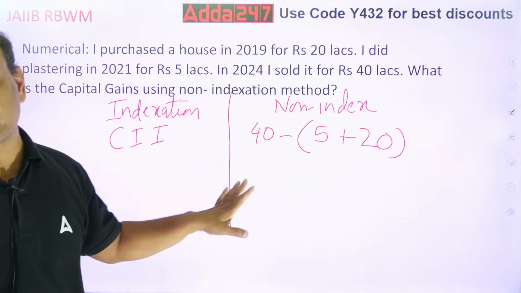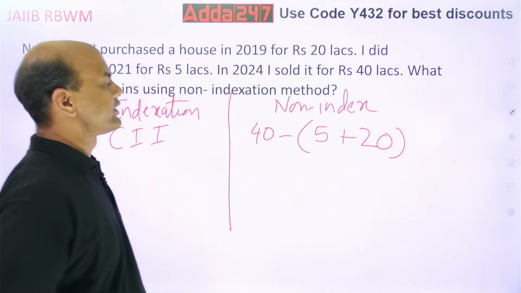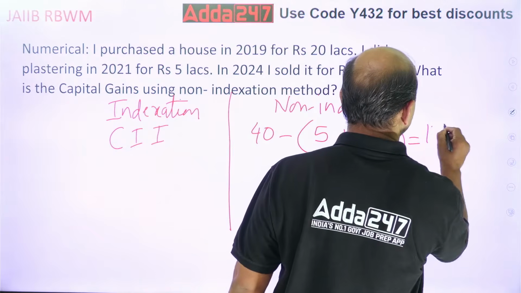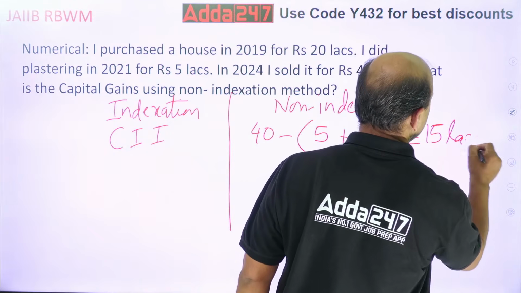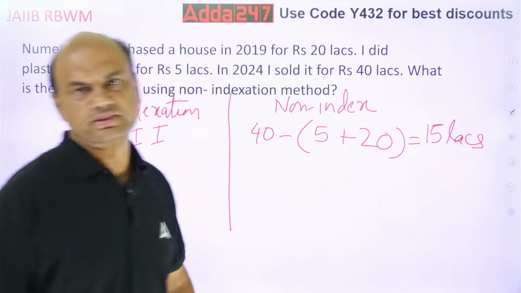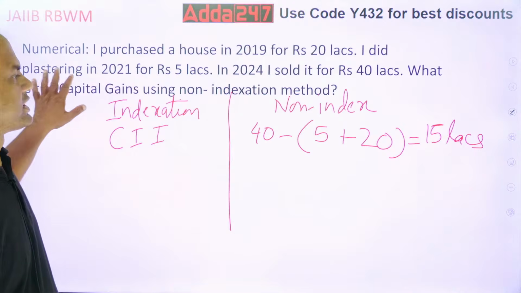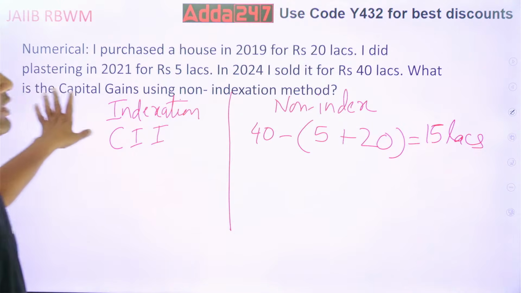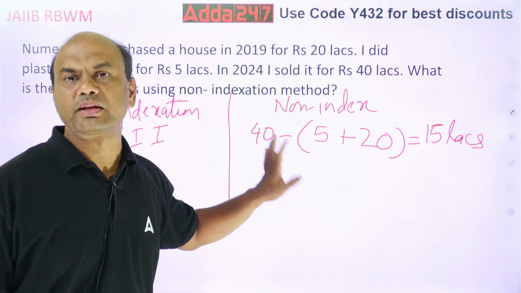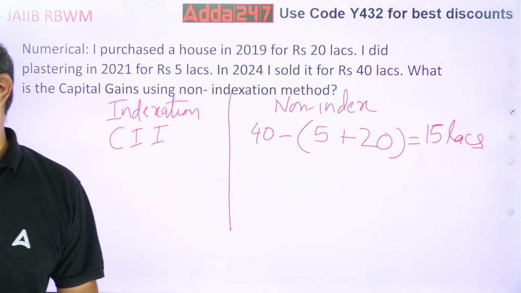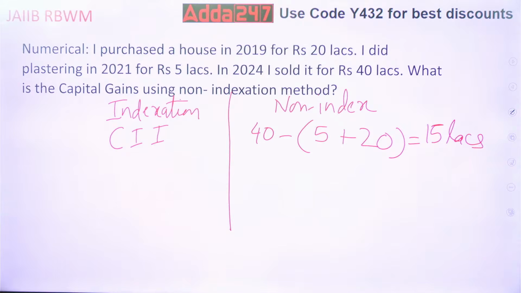Okay, simple method. So that is equal to 15 lakhs. So what we have to find out? See, our question is only this much. Find out the capital gains. Capital gains are 15 lakhs.